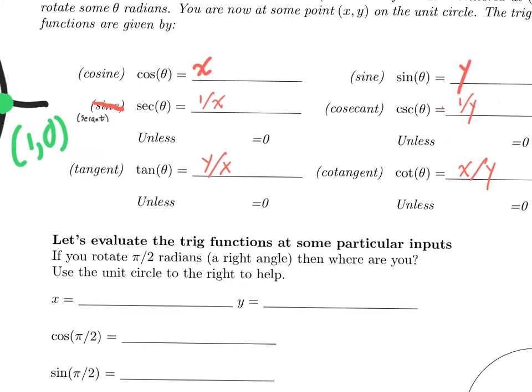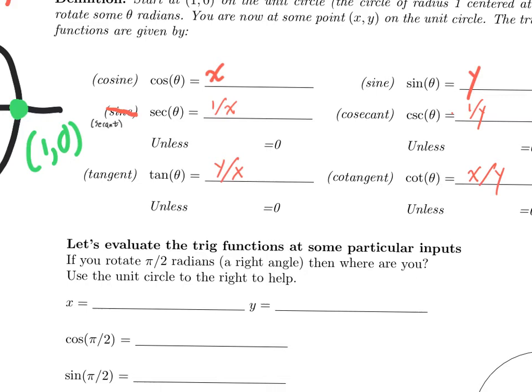And now maybe we'll just specify conditions. If secant is 1 over x, then it will not be defined if x is equal to 0. But what is x? x is the cosine of theta. So secant isn't defined when cosine is 0 because you would divide by 0.